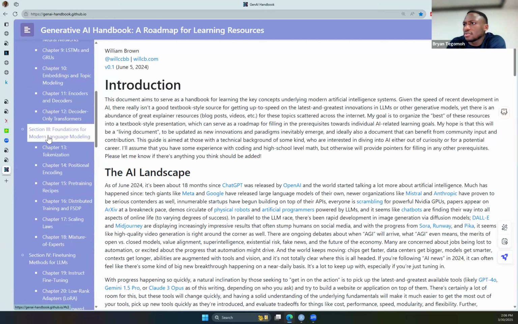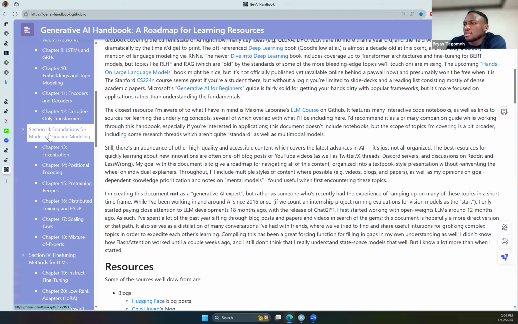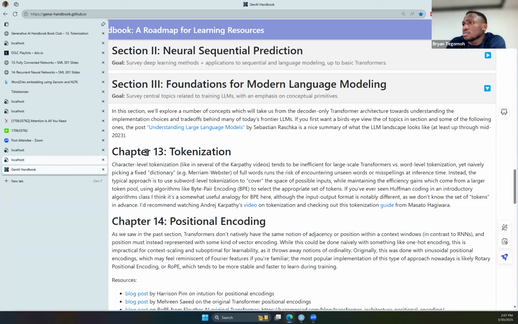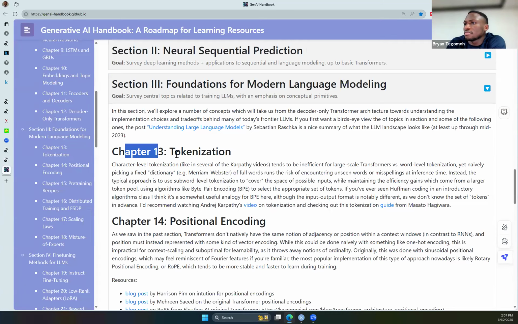So today we are supposed to cover section 3, on foundations for modern language modeling, which we're going to cover today. We're essentially going to cover the chapter on tokenization, and then we're going to briefly review positional encoding.